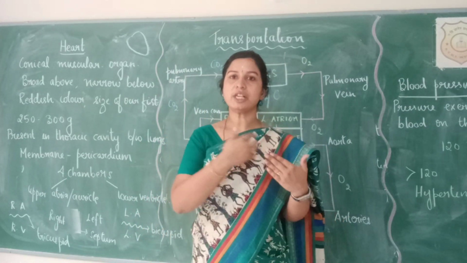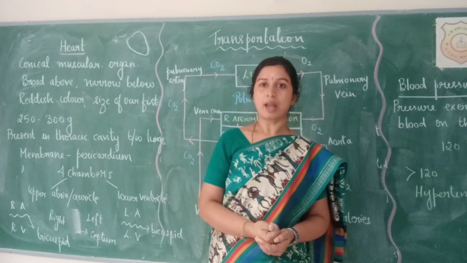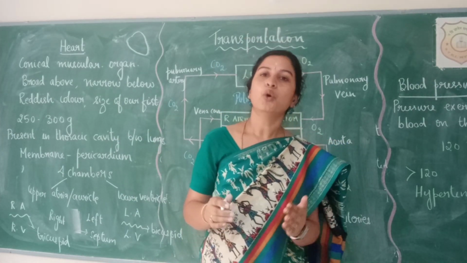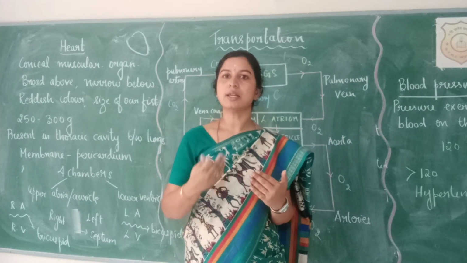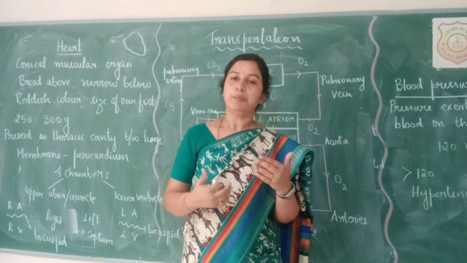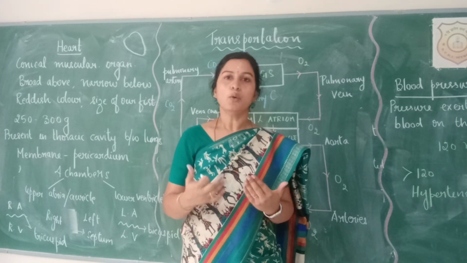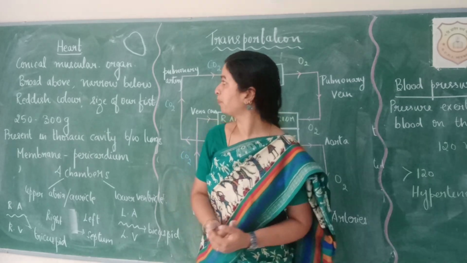We call this chest part the thoracic cavity. So it is present in the thoracic cavity in between the two lungs. Though we always feel that the heart is towards the left side, it is actually present between the two lungs. But because of the pumping of the heartbeat, it looks like its presence is more towards our left side.